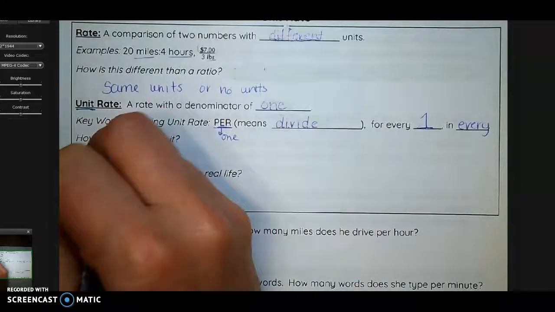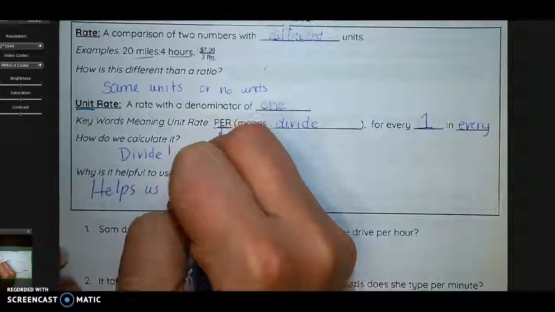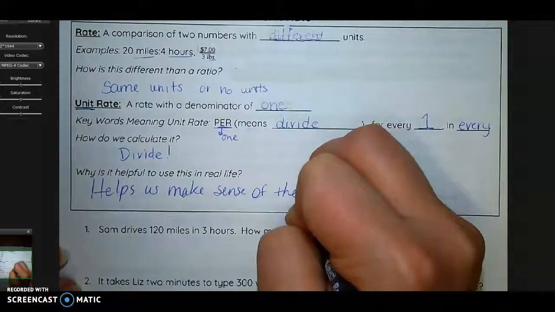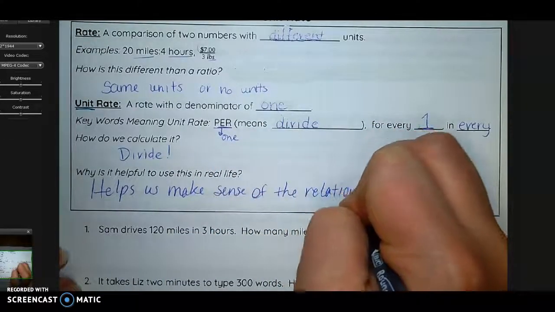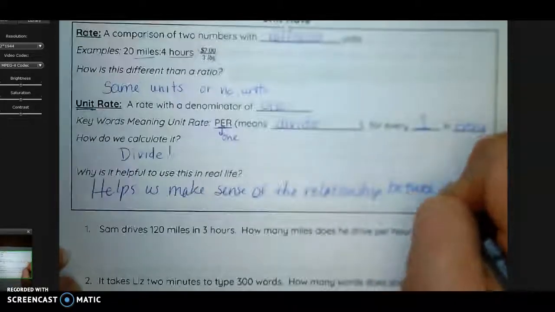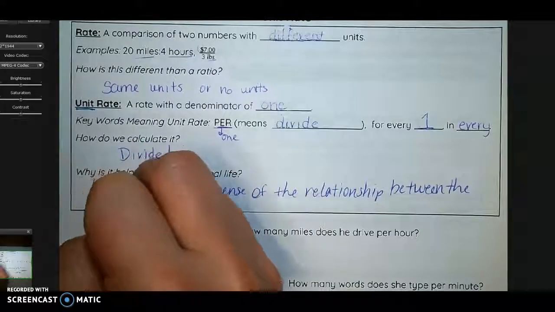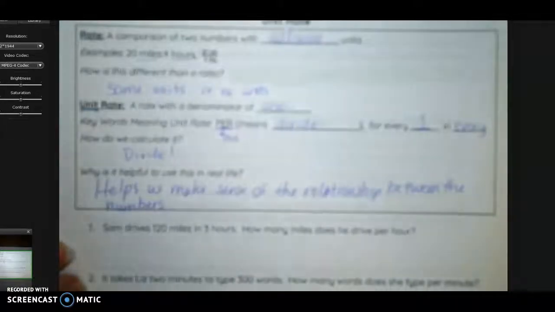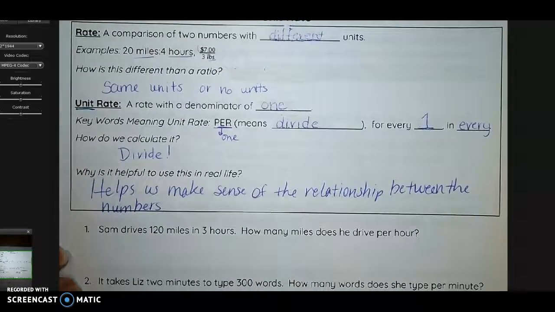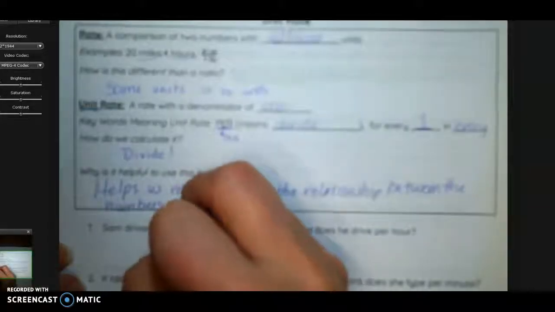So this helps us make sense of the relationship between the numbers. And it gets it into simplest form for us that we can look at, oh, I understand what for 1 of something means. So it allows us to make comparisons.